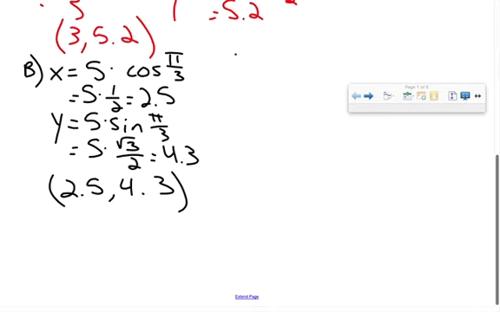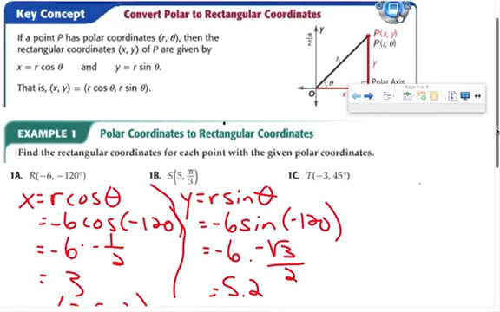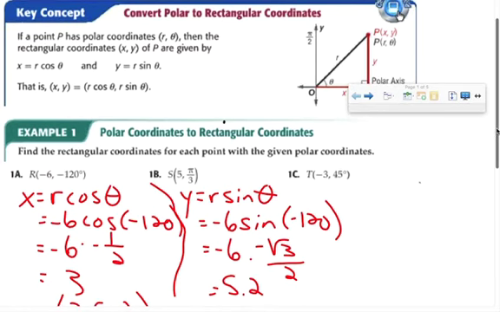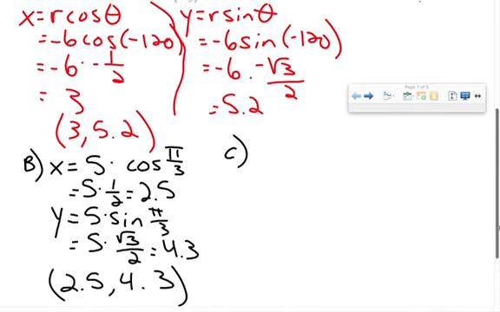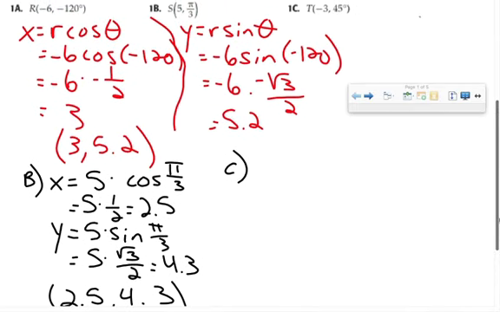For part C, let me scroll back up. My point is -3, 45. So my x-coordinate is -3 cos 45. So the cosine of 45 is radical 2 over 2.